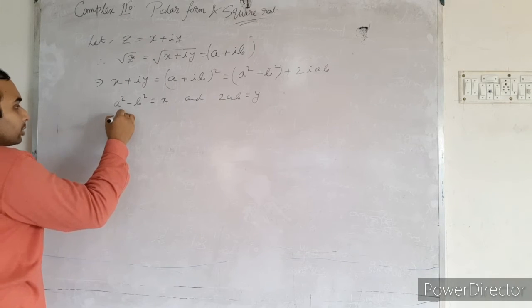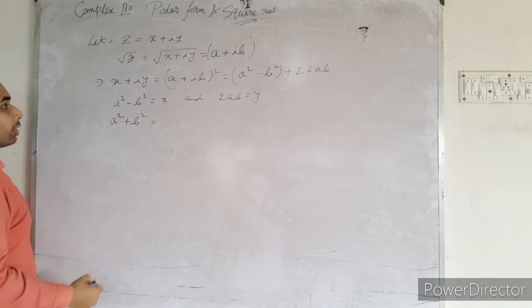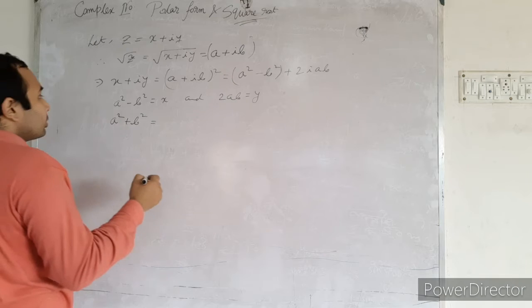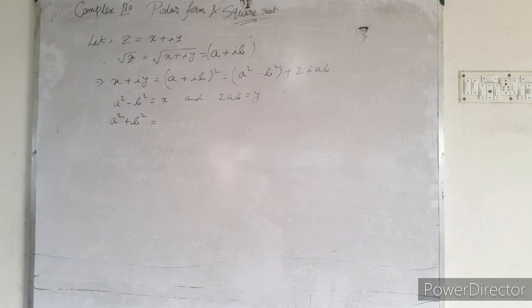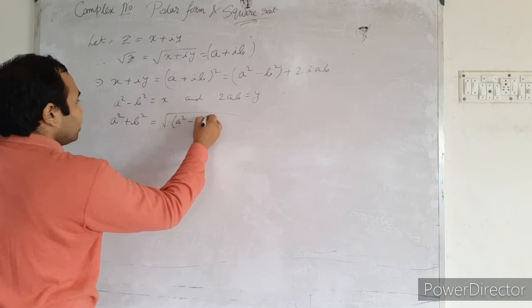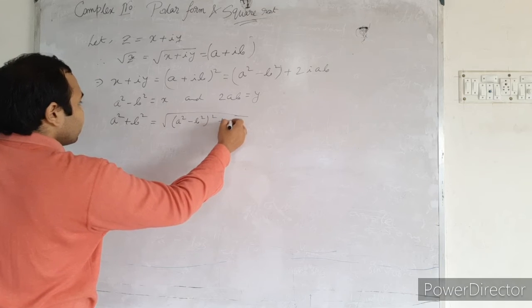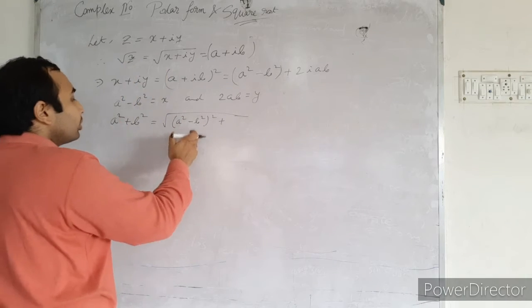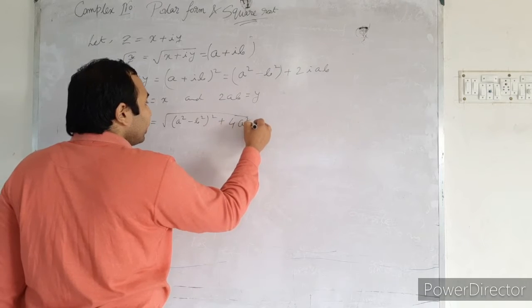Let us find a square plus b square at first. A square plus b square will be root over (a square minus b square) whole square plus 4a square b square.